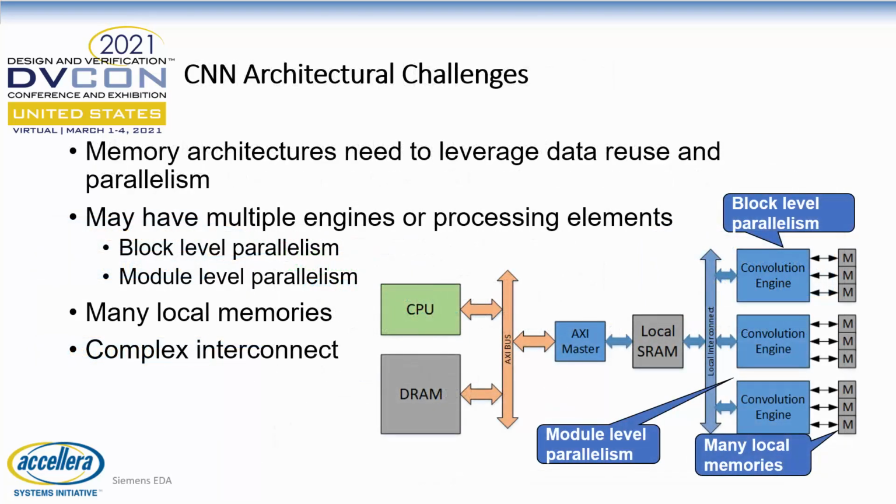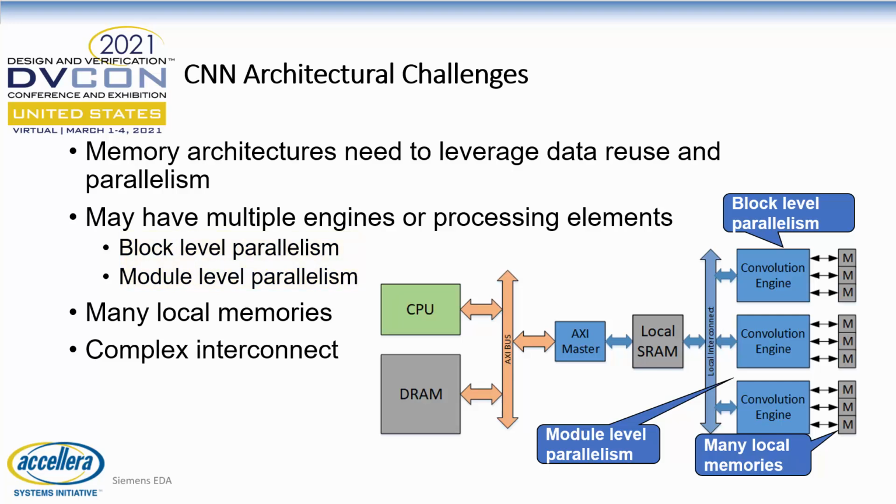There are a number of architectural challenges when implementing a CNN convolution in hardware. The memory architectures for the hardware need to leverage data reuse and parallelism. These architectures may have multiple processing engines or processing elements. This may include block-level parallelism as well as multi-block or module-level parallelism.